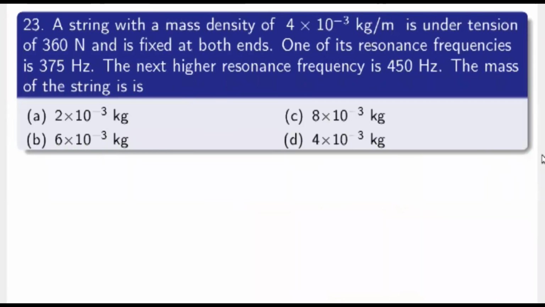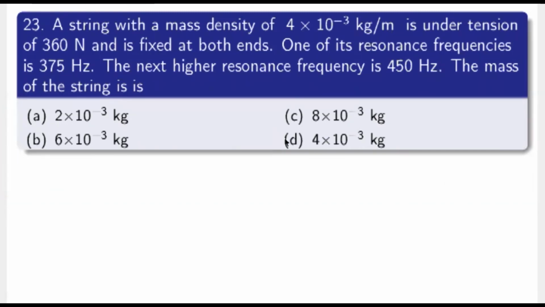Next question. A string with a mass density of 4 into 10 power minus 3 kg per meter is under a tension of 360 newtons and is fixed at both the ends. One of its resonance frequencies is 375 hertz. The next higher resonance frequency is 450 hertz. Then what is the mass of this string?